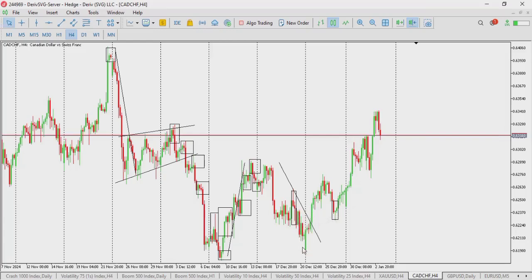The market broke this particular order block. As soon as the market breaks an order block, what do we do? Remember what I said: firstly, you mark your breaker. This is our breaker, the candle that broke the order block.